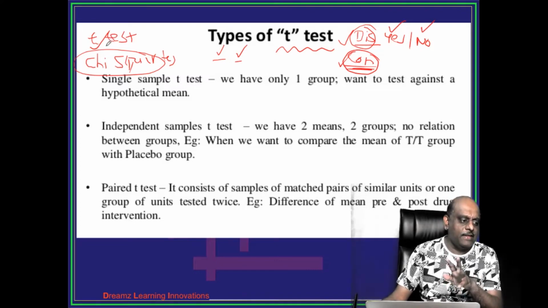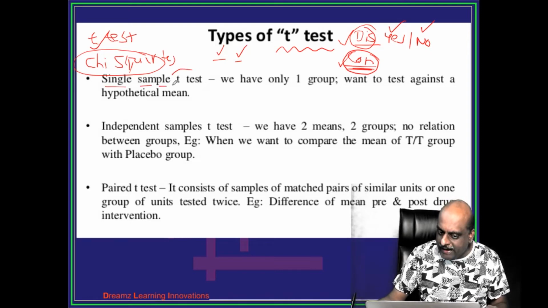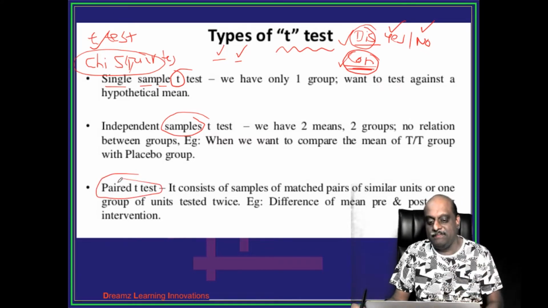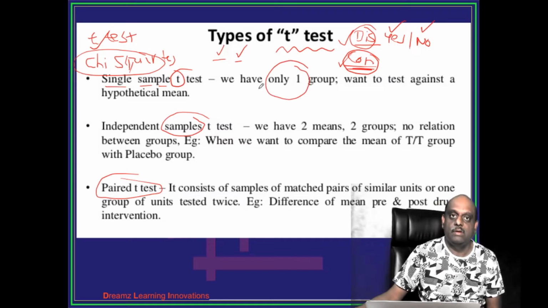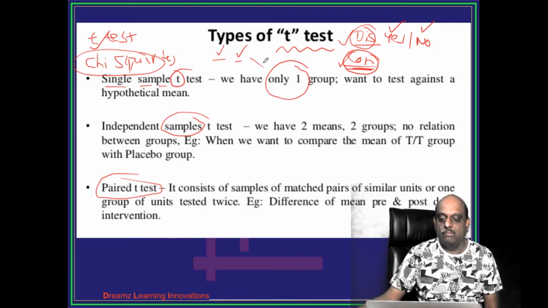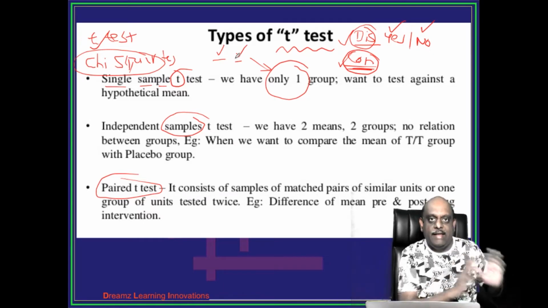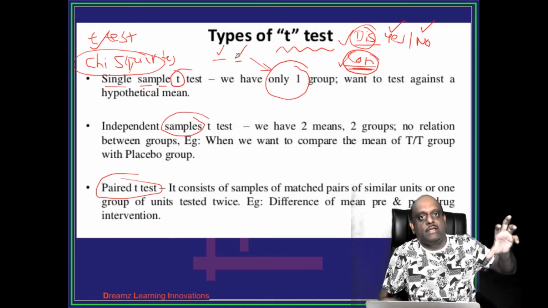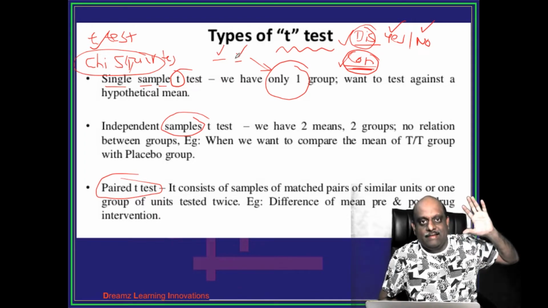There are three kinds of t-tests. Single sample t-test, independent sample t-test, paired t-test. What is the difference? Suppose you have only one group, let us say the population in Delhi. You want to calculate the mean value of the weight.